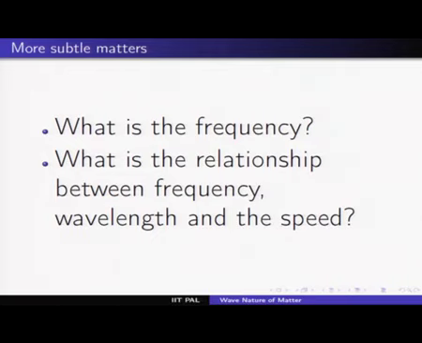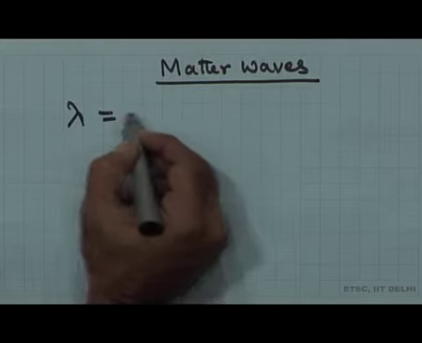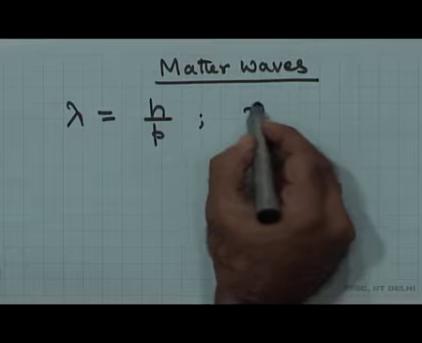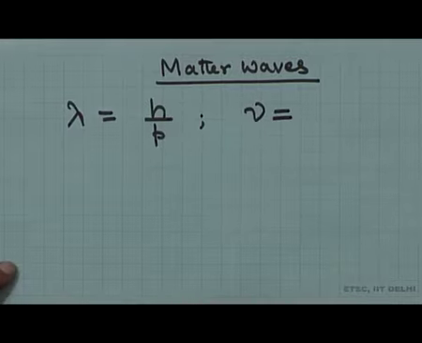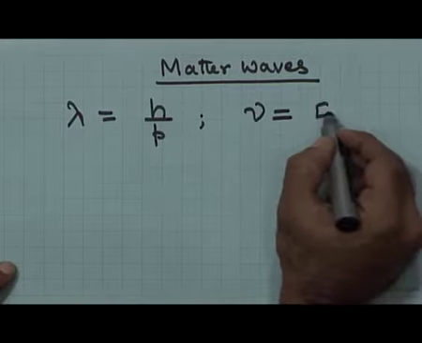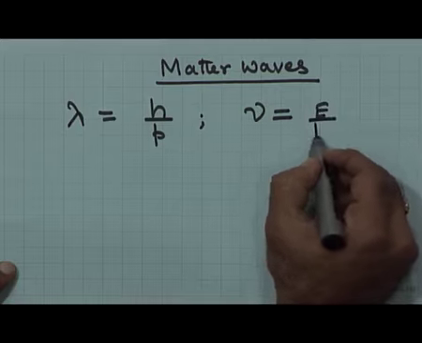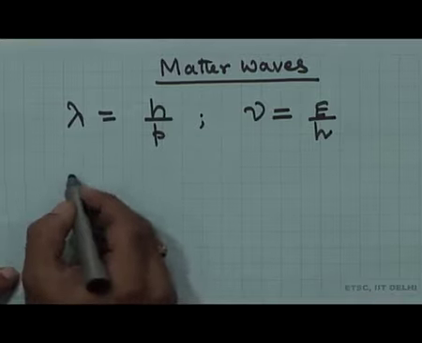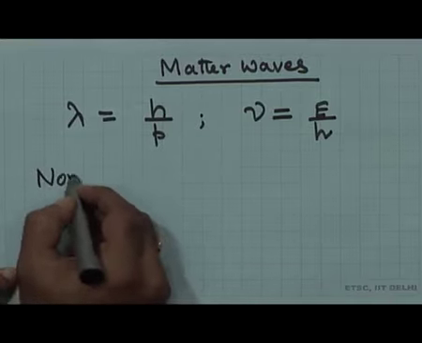So what do we have? I have lambda equal to h by p, and I have nu is equal to E by h, because h nu is equal to E. Now what I am going to do is to first consider the non-relativistic case.